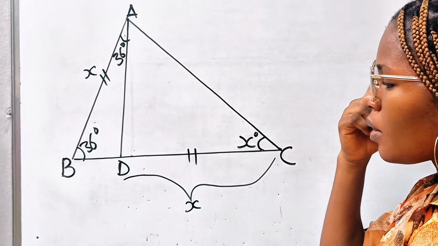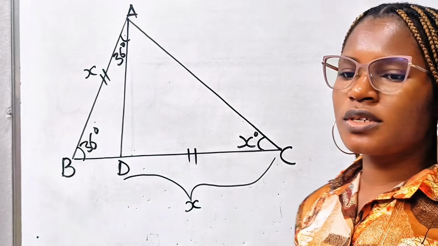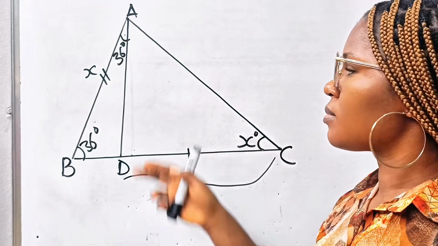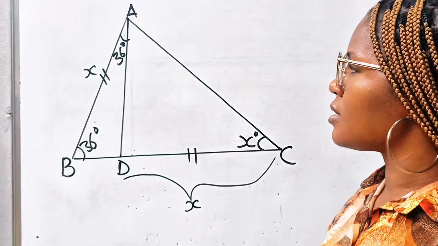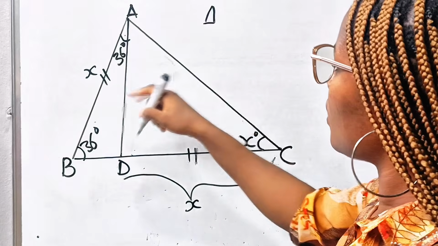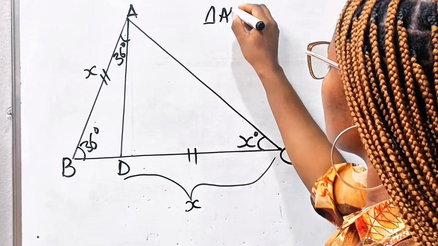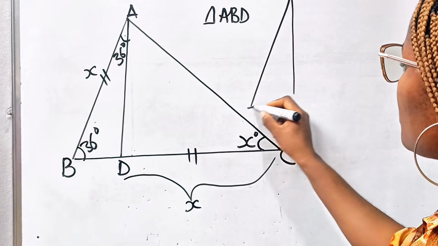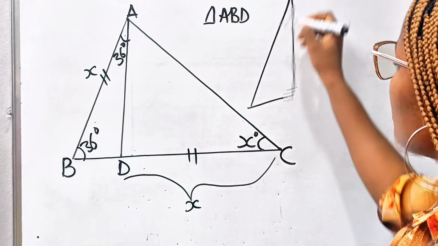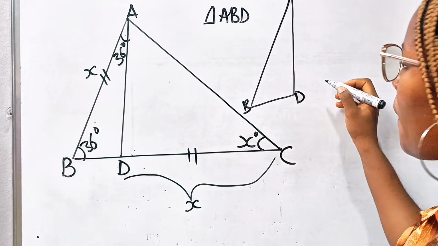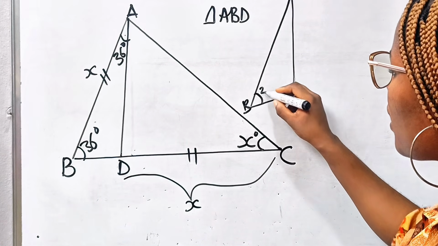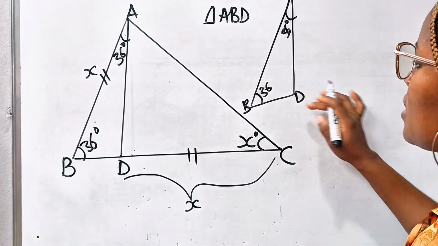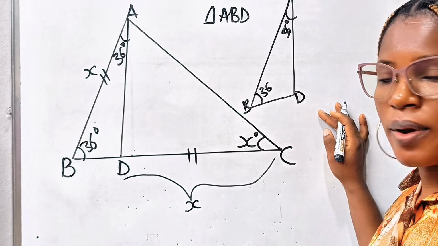Okay. All right. Now, one thing that should come to our mind immediately when we see this is triangle ABD. Let me draw that. Triangle ABD. So this is A, this is B, and this is D. If here is 36 degrees and here is 36 degrees as well, it means that ABD is an isosceles triangle, right?